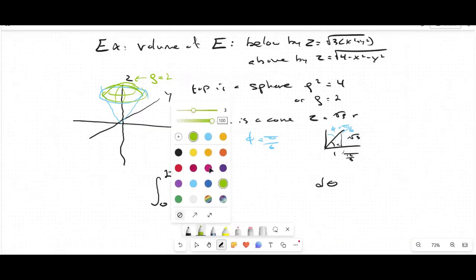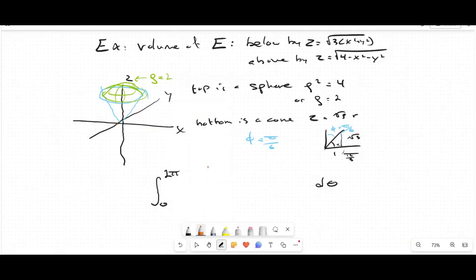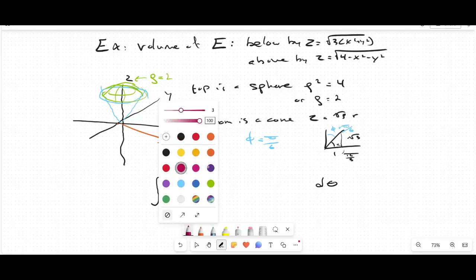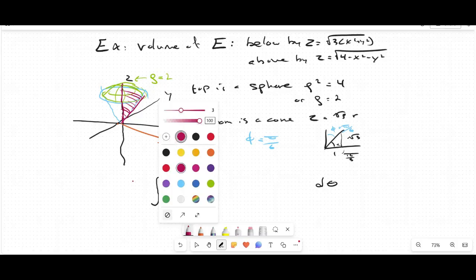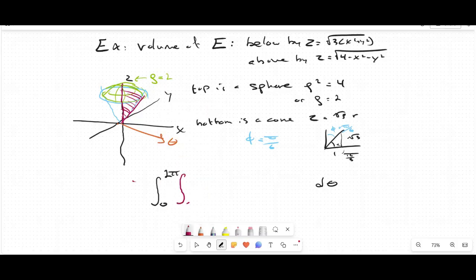Once I have picked a choice of theta, so here's one choice of theta, what do I want phi to do? I want phi to start at 0 and go as far as pi over 6. Let's throw that in. 0, pi over 6. That's d phi, not rho, phi.